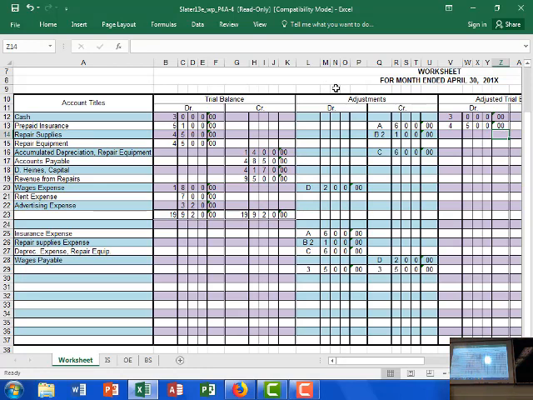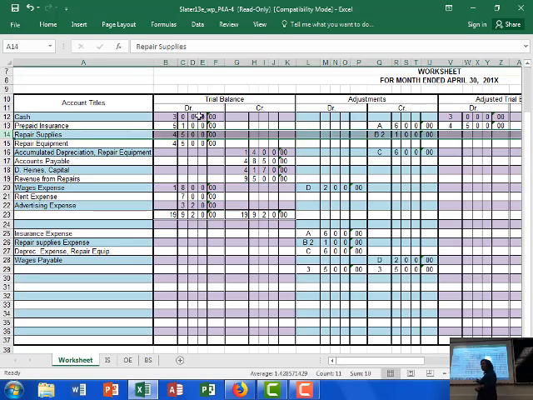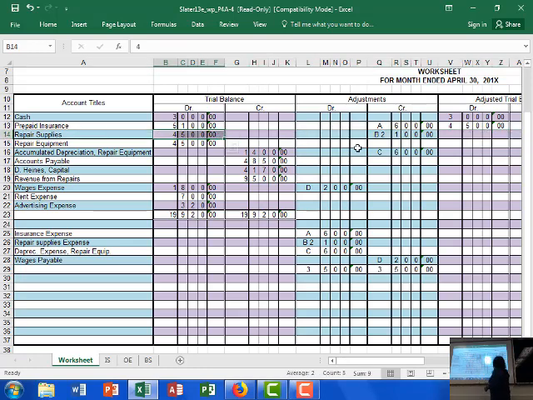Then the next one, repair supplies. Now remember, this is how much we had in inventory beforehand at the beginning of April. Now this is the end of April. Now we're showing that we only have this amount on hand.